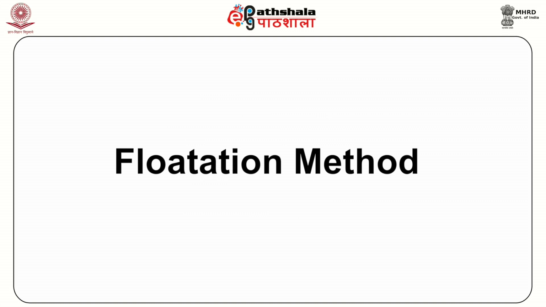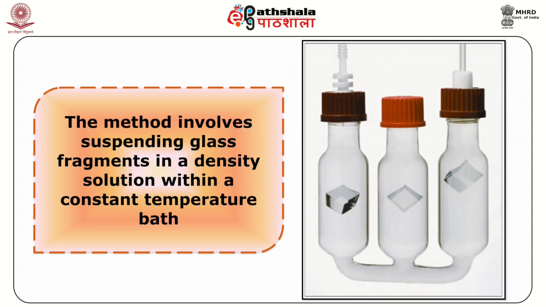Flotation method. The method involves suspending glass fragments in a density solution within a constant temperature bath. If two or more fragments are suspended, their densities are the same. The numeric density value is not determined in this method but can be determined using the absolute density determination method.